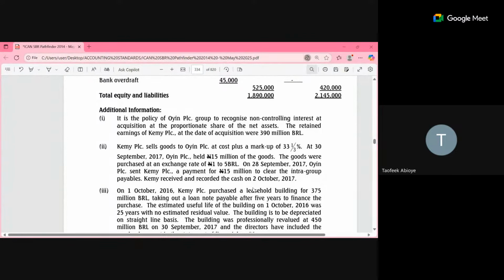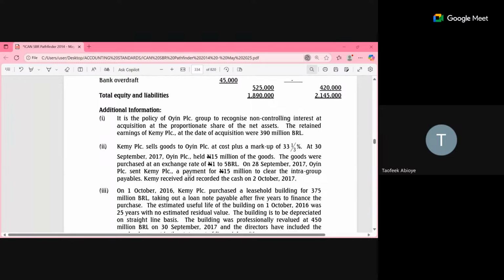That's when Kemi recognized the cash. So this will create what? It will create cash in transit. That is additional information two, it has created cash in transit.